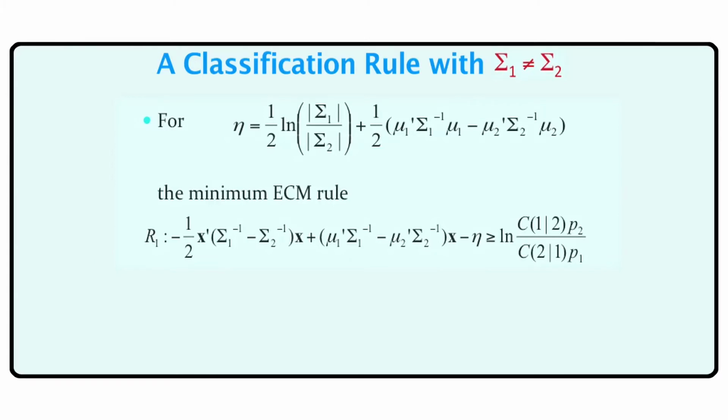Once you have defined this eta, the minimum ECM rule by the same method that we did before gives us R1 as minus half x prime (sigma 1 inverse minus sigma 2 inverse) x plus (mu 1 prime sigma 1 inverse minus mu 2 prime sigma 2 inverse) x minus eta, which is greater than or equal to log of the ratio of the cost and the ratio of the prior probabilities, and R2 is again the complementary set.